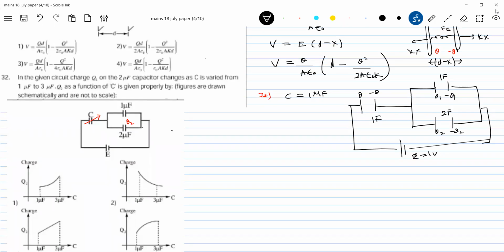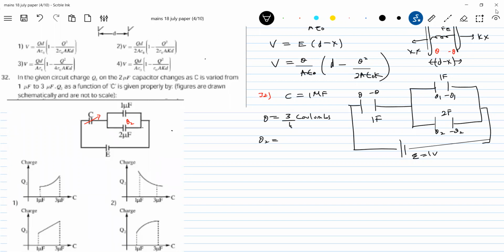So 3 farad in series with 1 farad, 3 by 4. So what is the total charge? Q should be equal to C into E, which will be 3 by 4 coulombs. You can assume any value of E, I just assumed it equal to 1. Then can you calculate Q2?